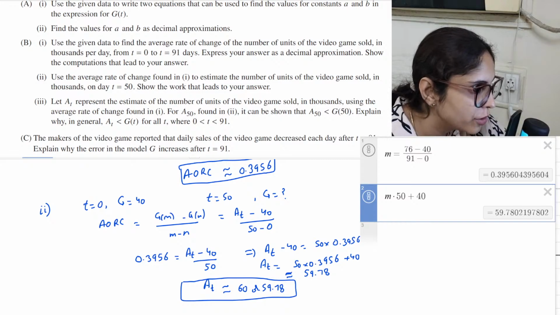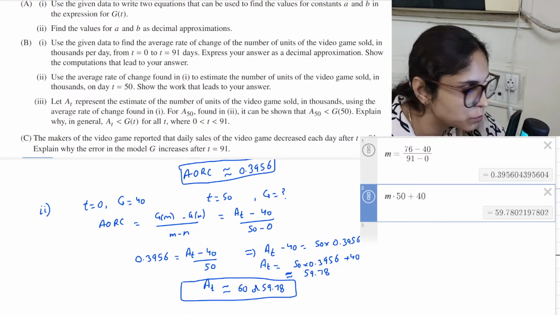For A(50) found in the second part, it can be shown that A(50) is less than G of 50. Explain why in general A(T) is less than G of T for all T, where 0 < T < 91.